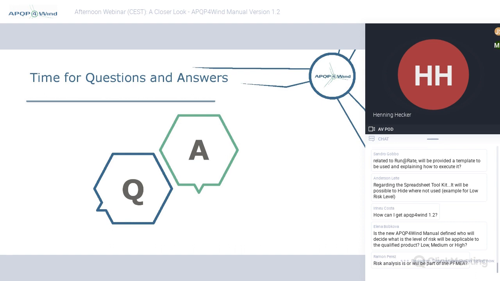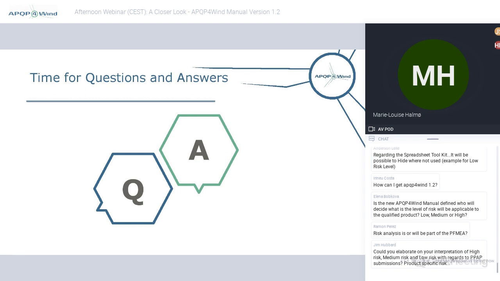Yeah, and then Elena asks, does the new APQP4Wind manual define who will decide what level of risk, low, medium, or high, is applicable to the qualified product? That portion you can find in the manual. It says either by customer or supplier.